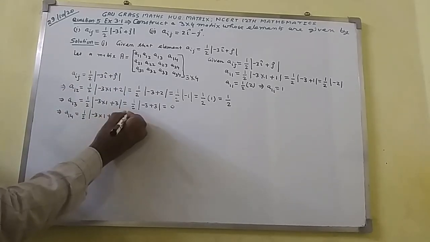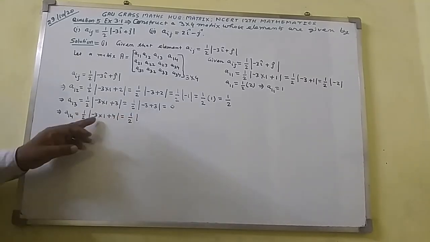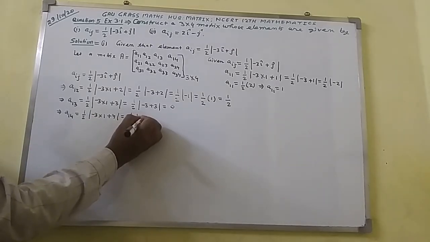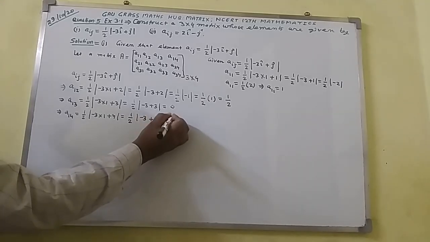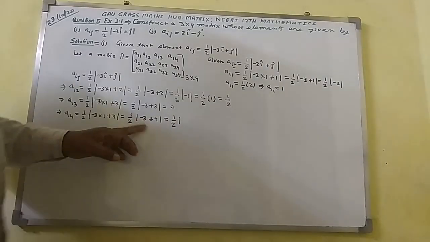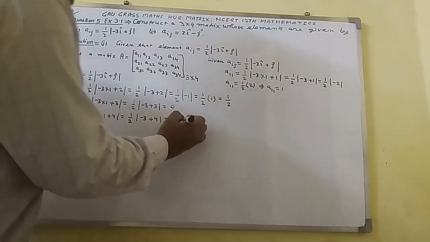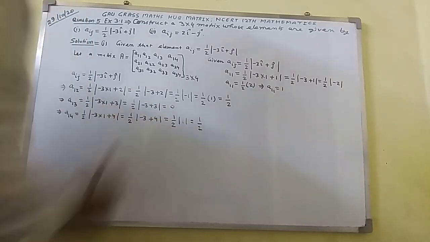Equal to 1 over 2 mod, minus 3 will multiply to 1, we will get minus 3 plus 4, mod equal to 1 over 2 mod minus 3 plus 4 comes out to only 1, equal to 1 over 2 we will get.